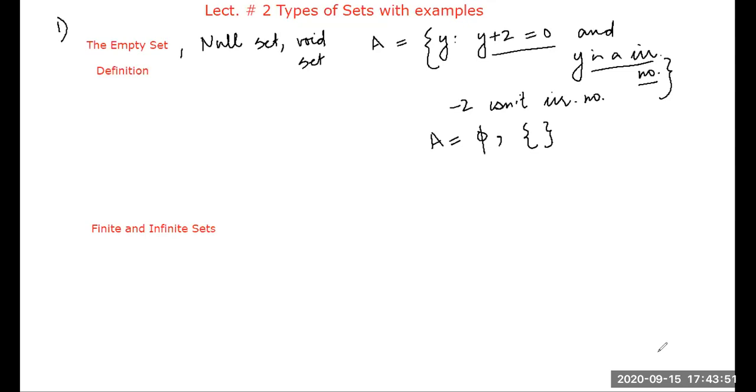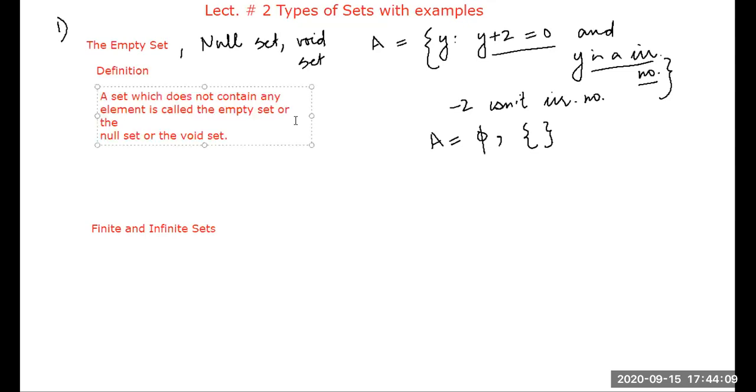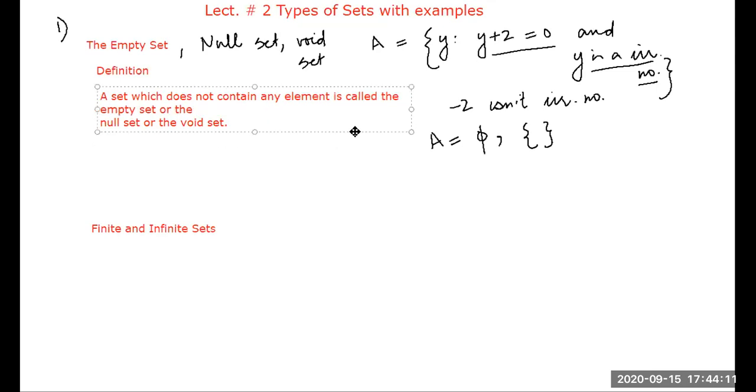So a null set or a void set is a set which doesn't contain any element. A set which doesn't contain any element is known as an empty set, called a null set or void set.